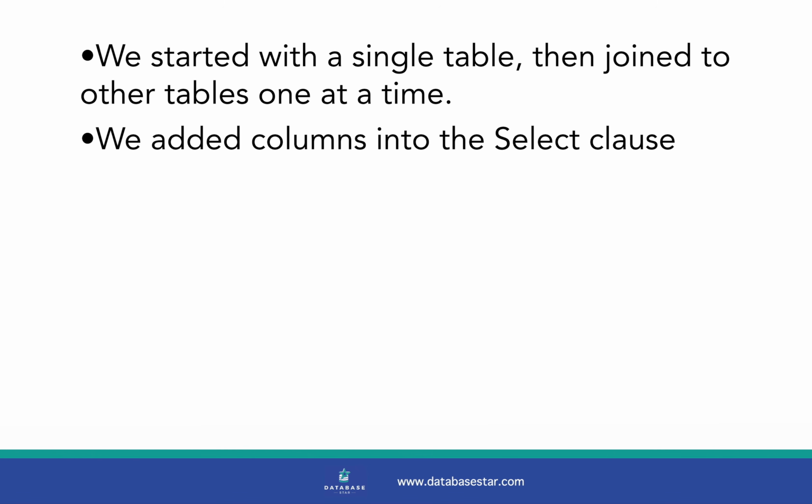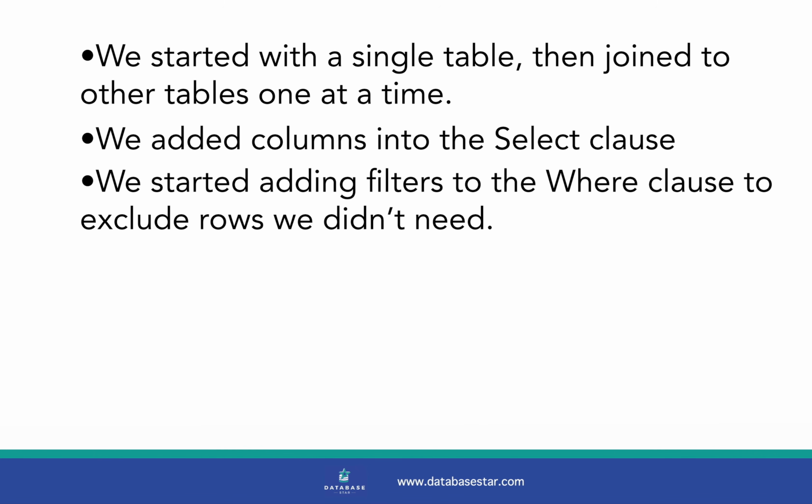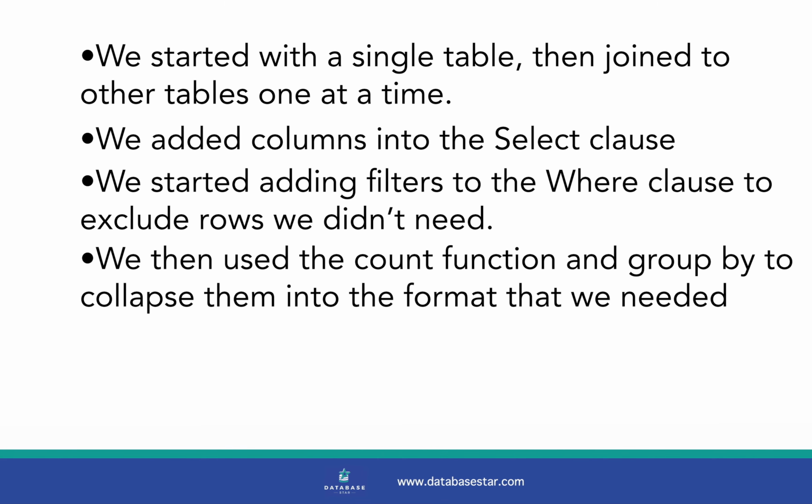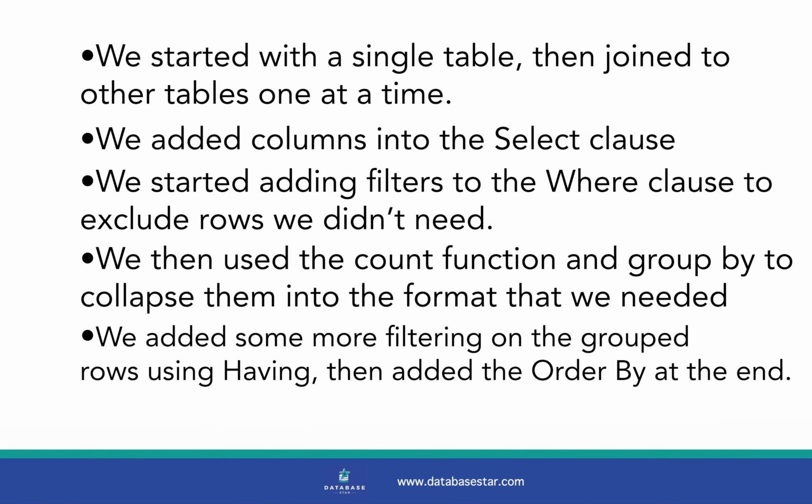Once we had all of the columns and tables, we started adding filters to the where clause to exclude rows we didn't need. Once we felt we had the right rows to work on, we then used the count function and group by to collapse them into the format that we needed, which was 1 row per hacker and not 1 row per submission. We added some more filtering on the grouped rows using having, then added order by at the end.